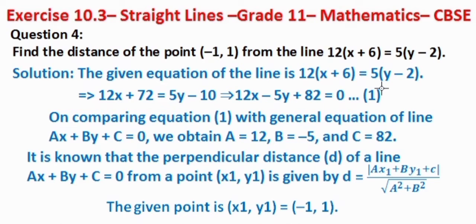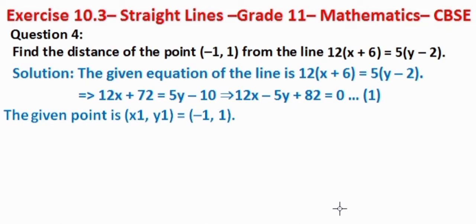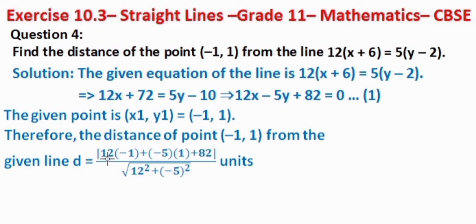Okay. So the given point is x1, y1 which is equal to -1, 1. By applying in the given formula, a is 12, x1 is -1, then b is -5, y1 is 1, then c is 82, divided by square root of 12 square plus -5 square.